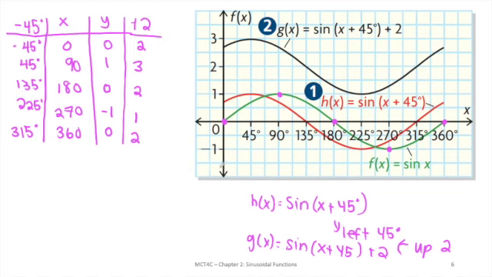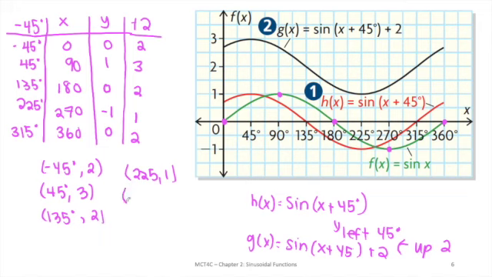If you use these points, you have new points: negative 45 degrees and 2, 45 degrees and 3, 135 degrees and 2, 225 degrees and 1, and 315 degrees and 2.